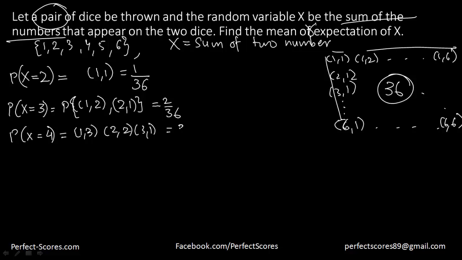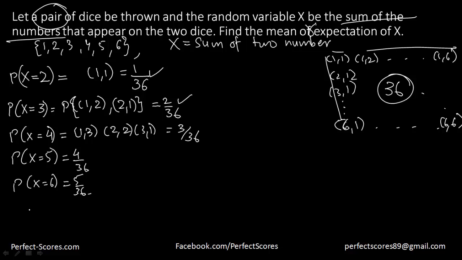So the probability here is 3 by 36. You can clearly see a pattern emerging: 1 by 36, 2 by 36, 3 by 36. For sum equal to 5, it's going to be 4 by 36. For sum equal to 6, it's 5 by 36. And for sum equal to 7, it's 6 by 36.